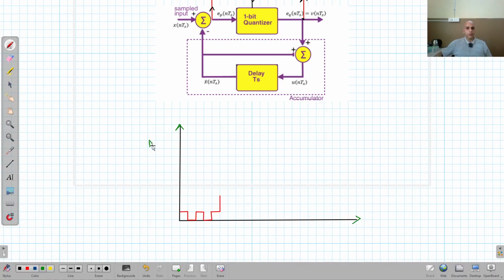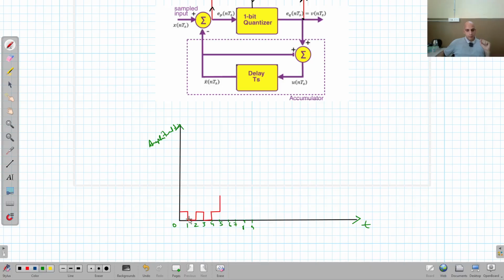This is the amplitude of the step size, the amplitude comparison. What is the comparison between the staircase step and the incoming signal? This is time, this is 0. Let the incoming signal be this. This is 1, 2, 3, 4, 5, 6, 7. All these are intervals. You can see here 8 and 9.